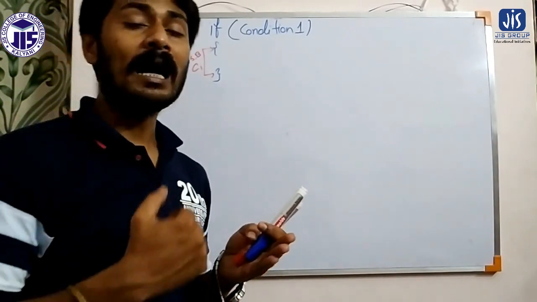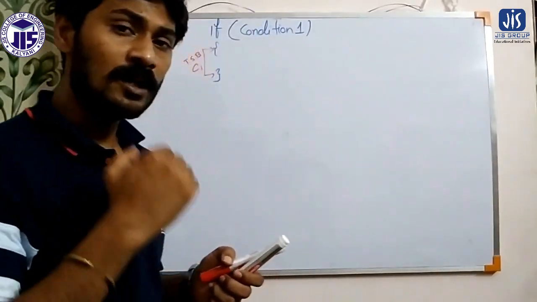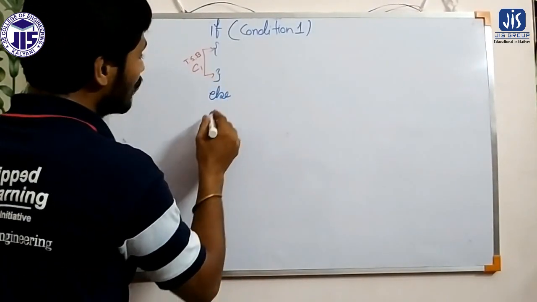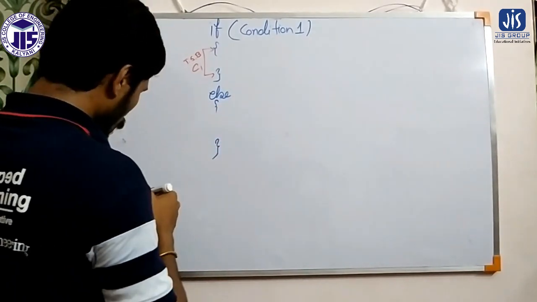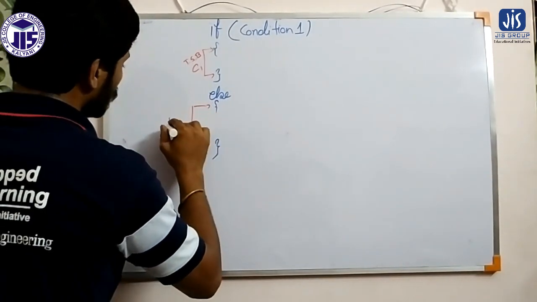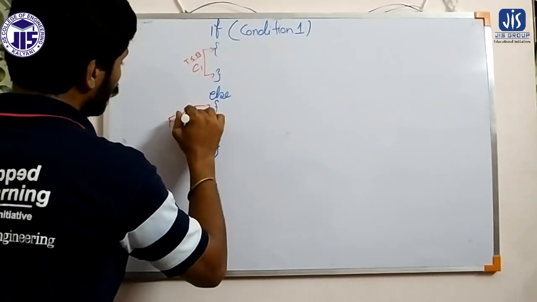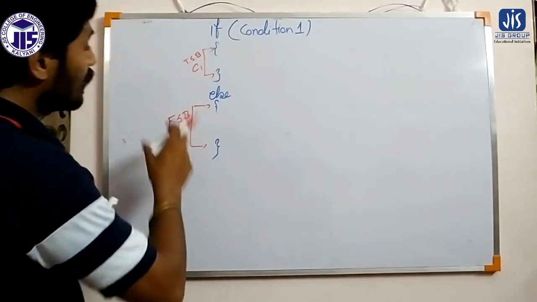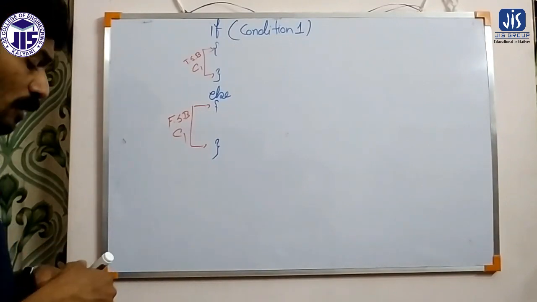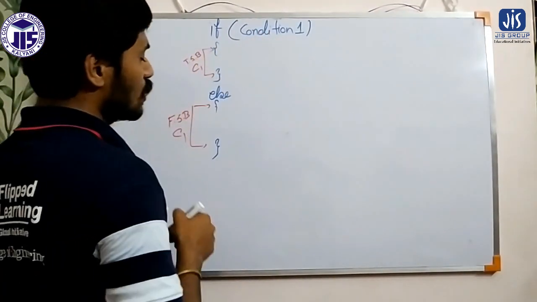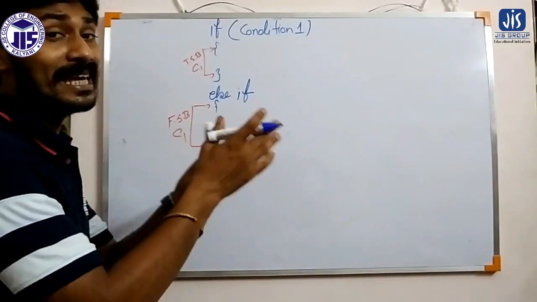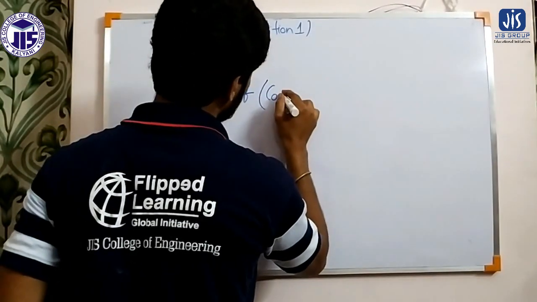Basically this else is the false statement block of condition 1. So within this we are going to apply the second condition. If the previous condition is false, it will come to the else, and here we apply the second condition, that is, else if condition 2.